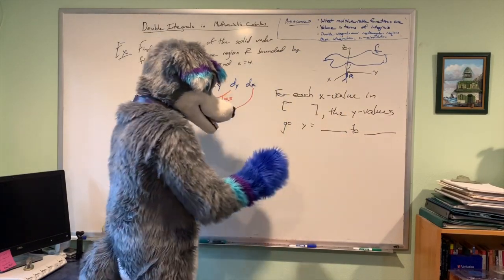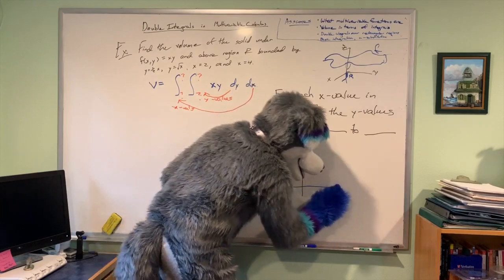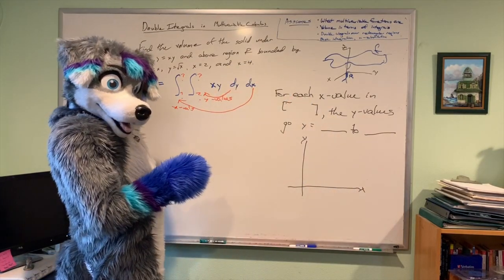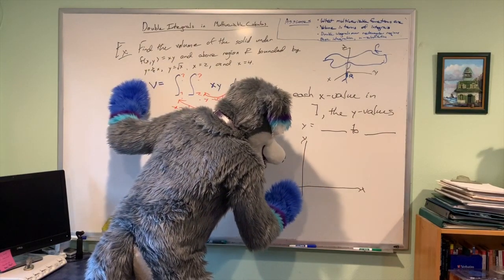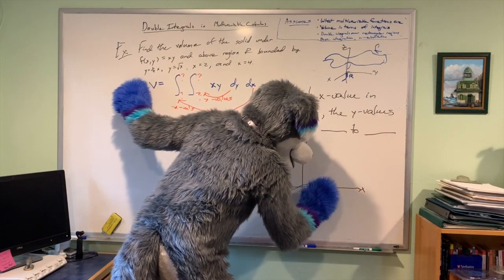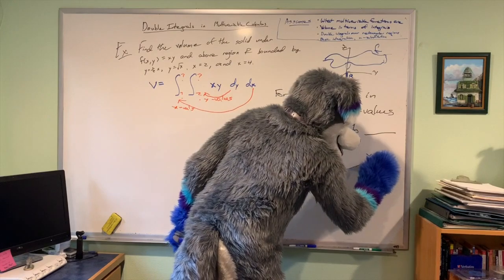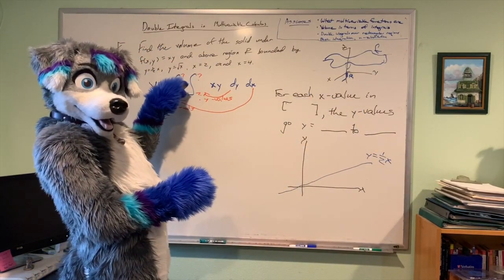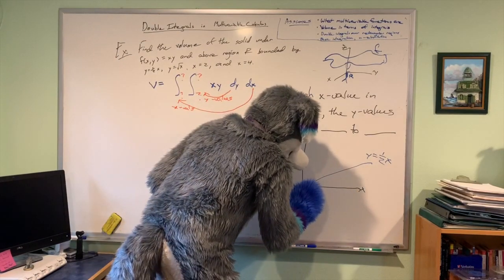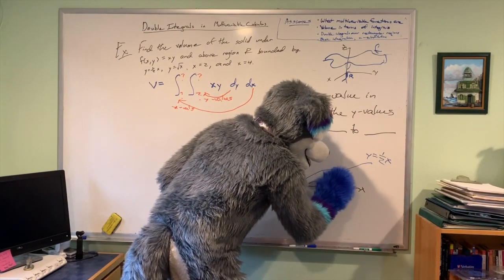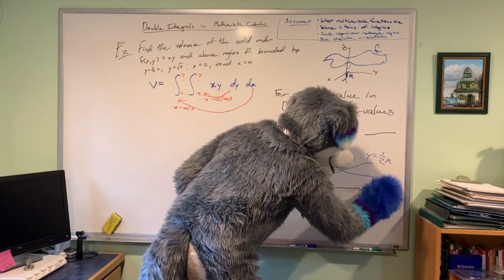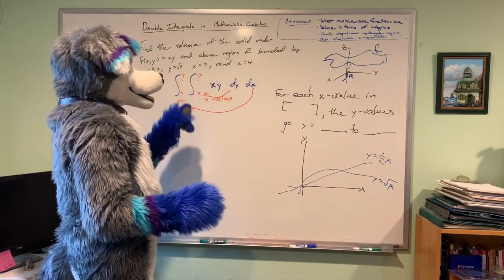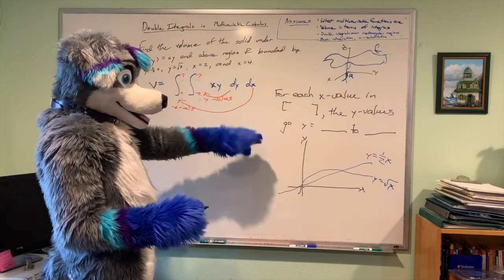So let's look at what this region looks like. Okay, draw my little axes. I have the line y equals 1/2 x, that looks about something like that. And then I have y equals the square root of x. So that looks something like that. And then I have the lines x equals 2 and x equals 4.